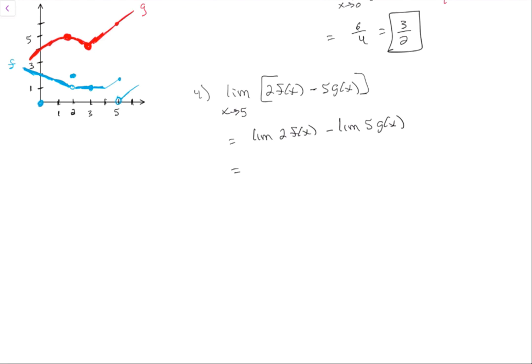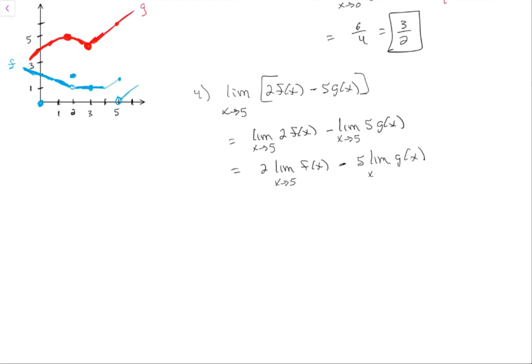I probably could be a little bit more efficient and just pull the 2 out in that very first step, but I want to continue the conversation of each of those laws separately. So I'm approaching 5 for both of these limits.